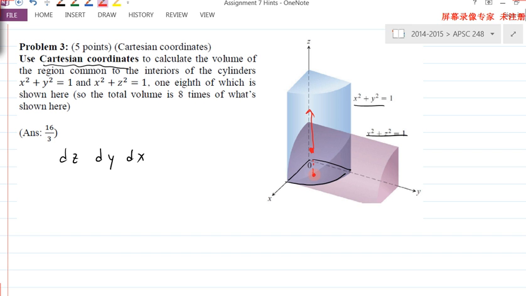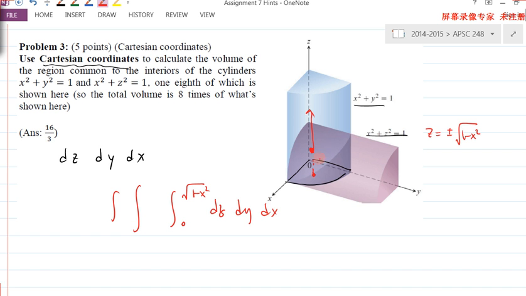First contact is here, second contact there. In other words, first contact is 0, and the second contact falls on the surface of this cylinder, z equal to positive or negative root 1 minus x squared. Apparently here it is positive, so root 1 minus x squared. So that's dz.